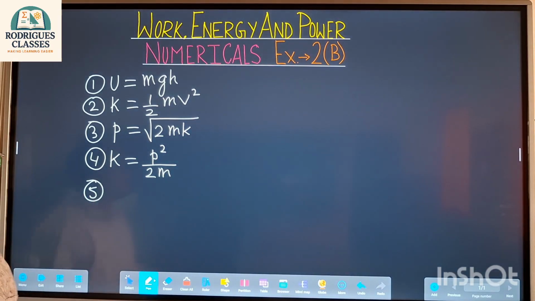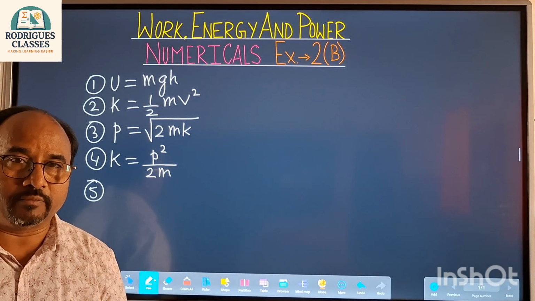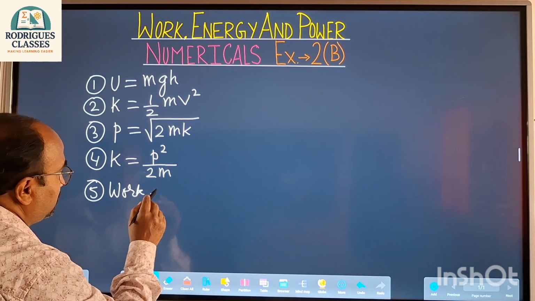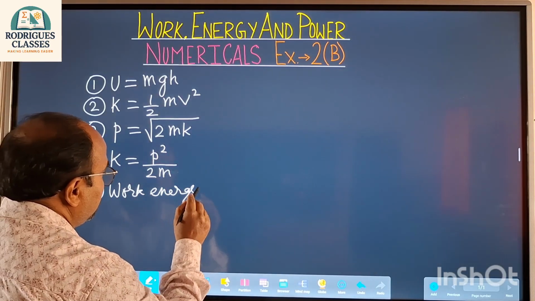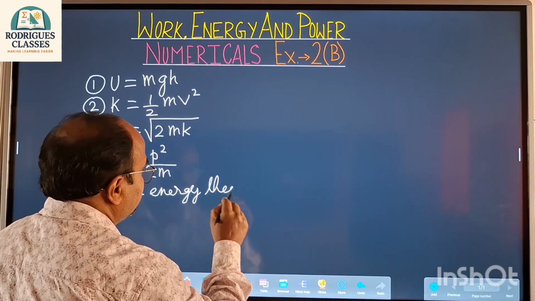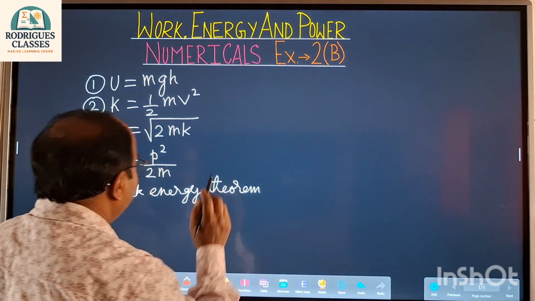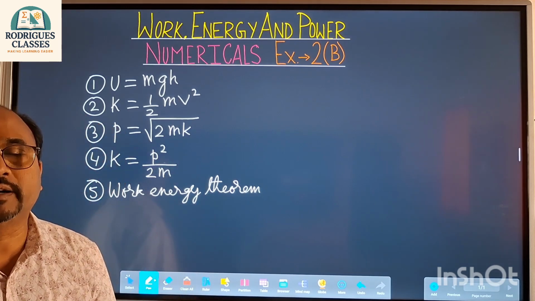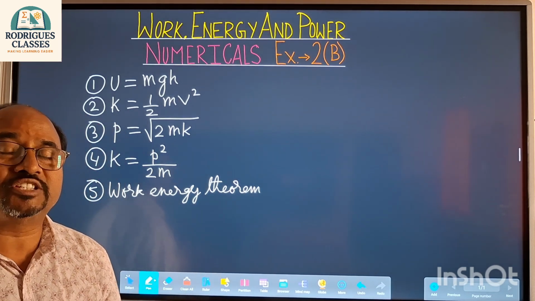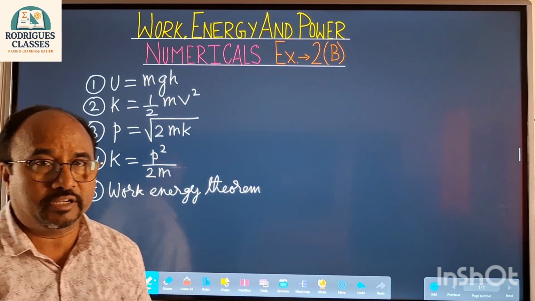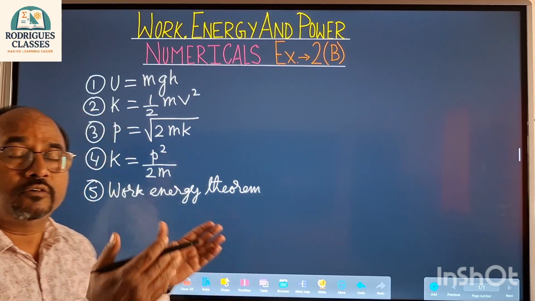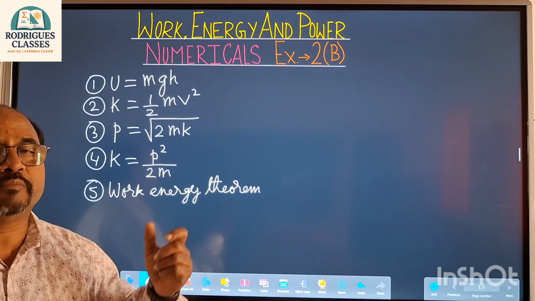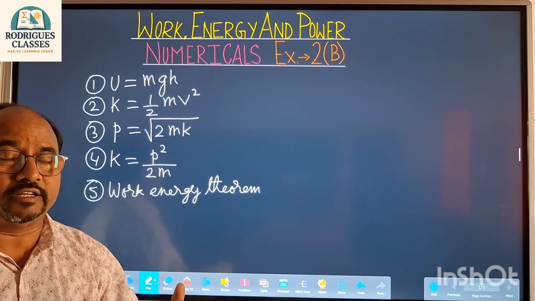Then I will come to the work energy theorem. In this work energy theorem, what it says is that whatever is the work done will be equal to the change in the kinetic energy. So based on that, work done will be equal to the final kinetic energy minus the initial kinetic energy.